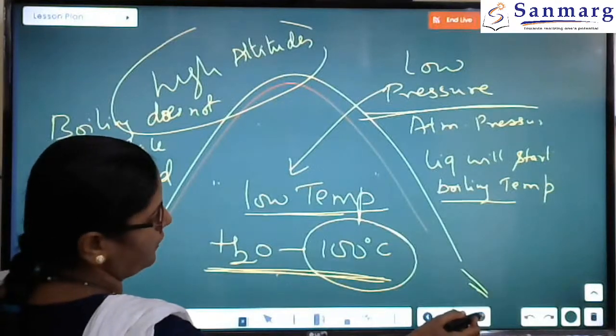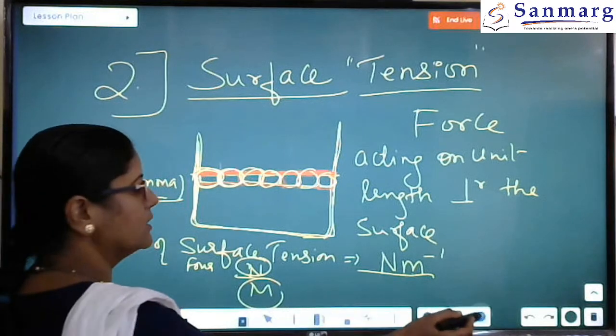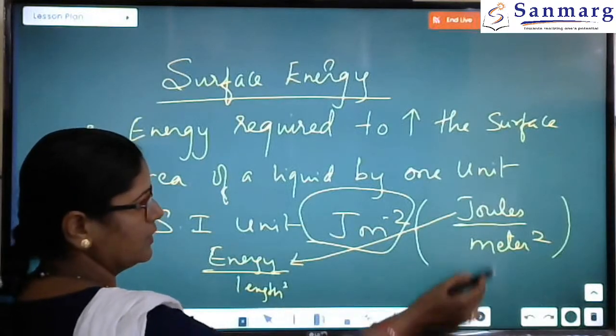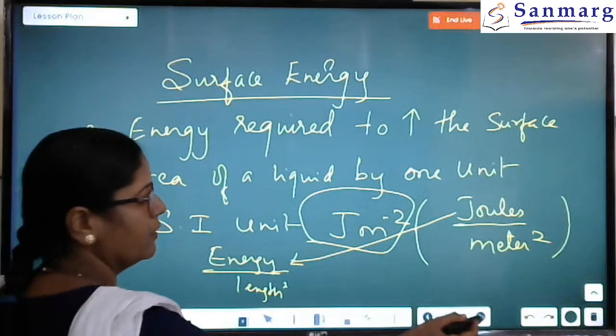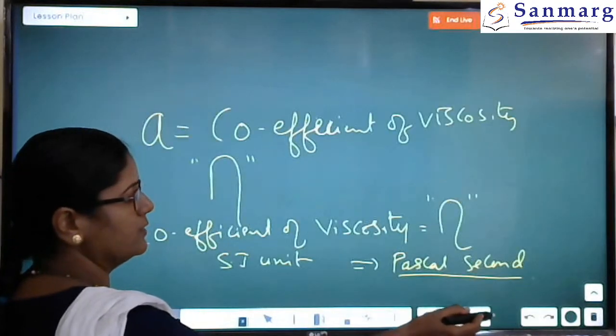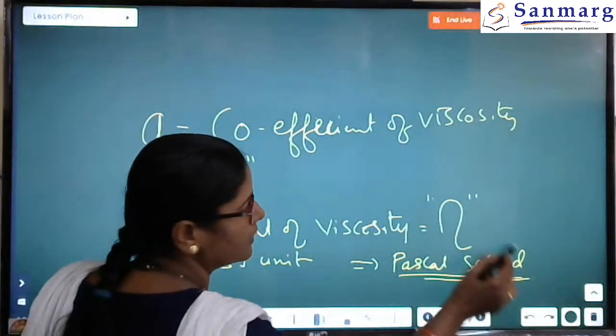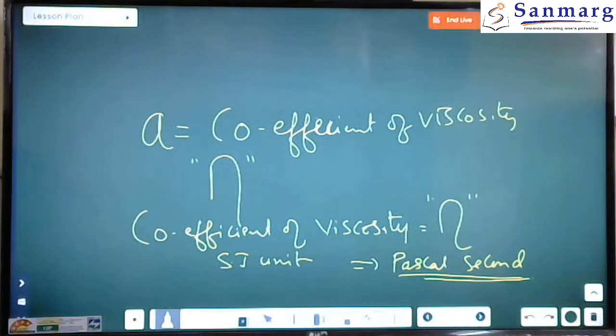Surface tension SI unit is Newton per meter, surface energy is joules per meter square, and the viscosity coefficient unit is Pascal second.